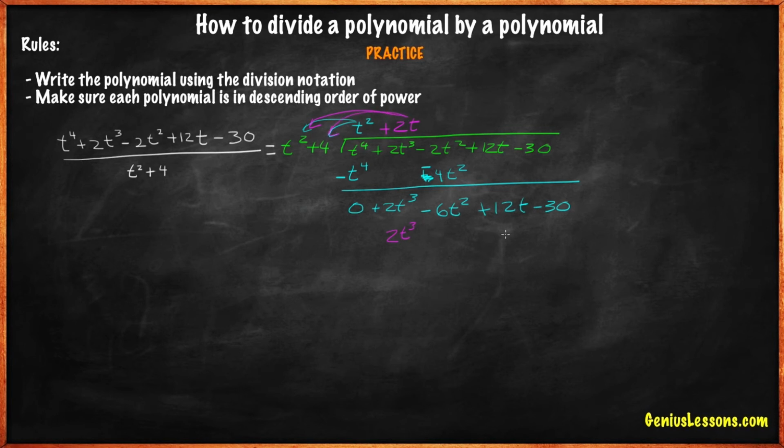2t times 4 equals 8t. Notice that we write 8t under 12t because they have the same power. Change signs and you add them. 2t cubed minus 2t cubed equals 0. 12t minus 8t equals 4t.